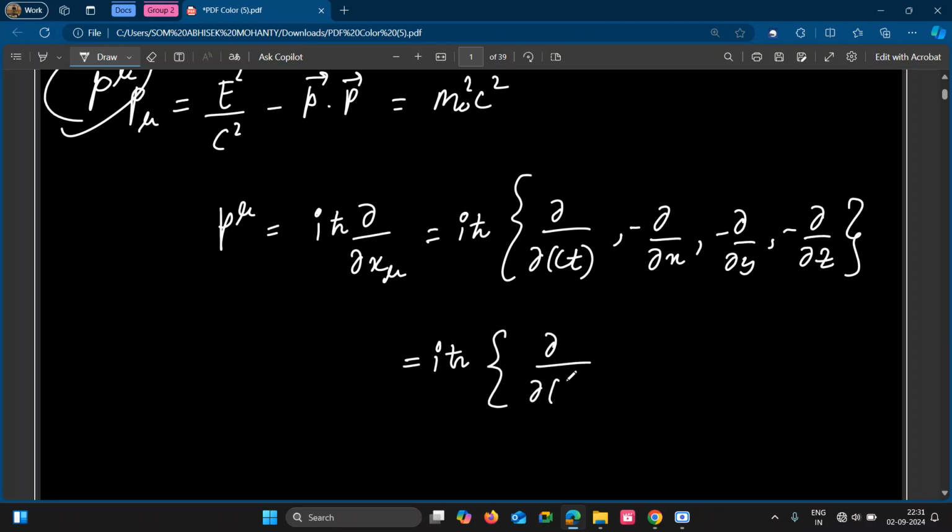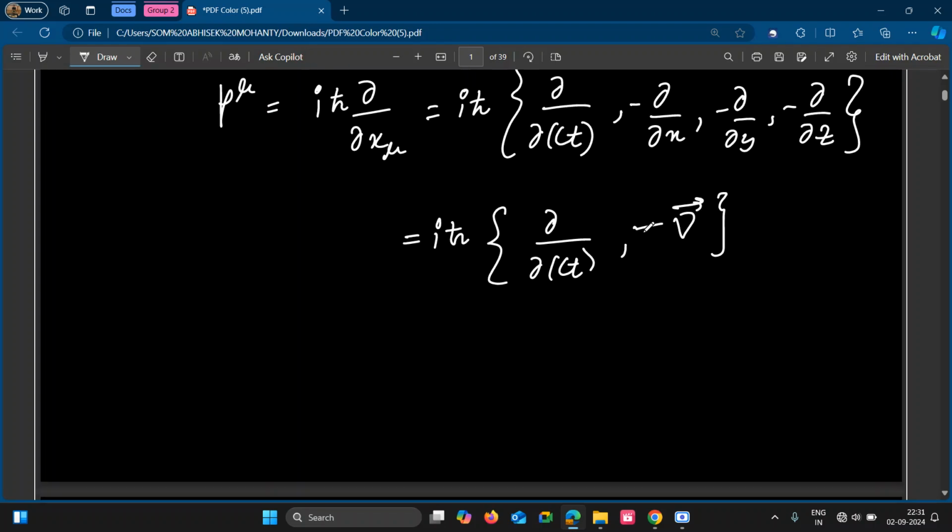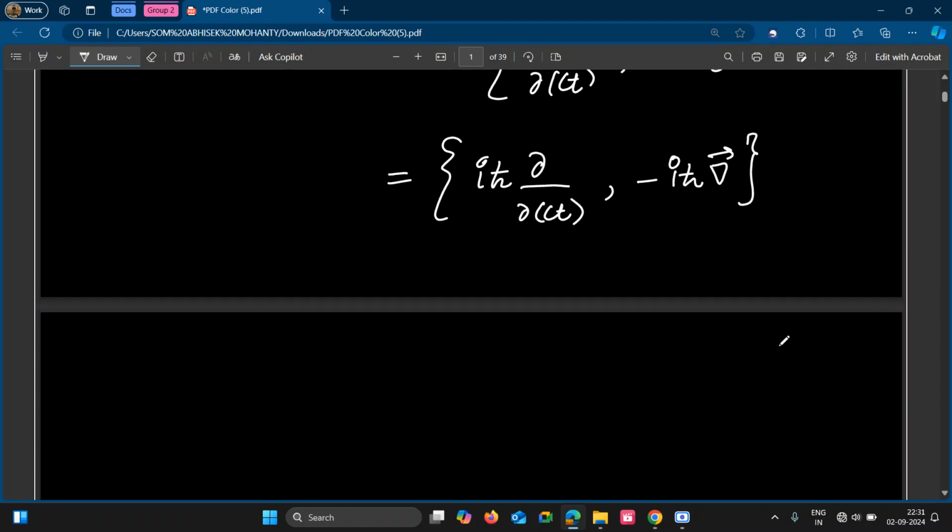This is your zero component, and this is simply the gradient. If I multiply h-cut inside, so i h-cut del by del ct minus i h-cut del. This one will be the zero component of the 4-momentum vector, that will be p zero cap, and this is your p.